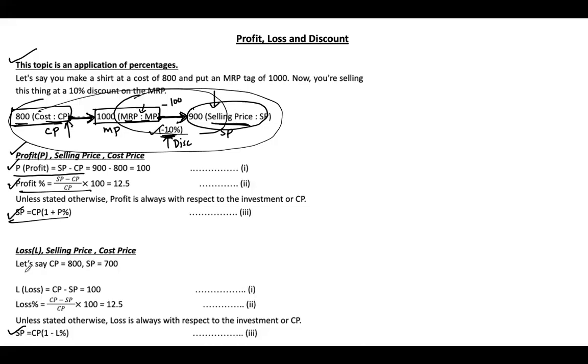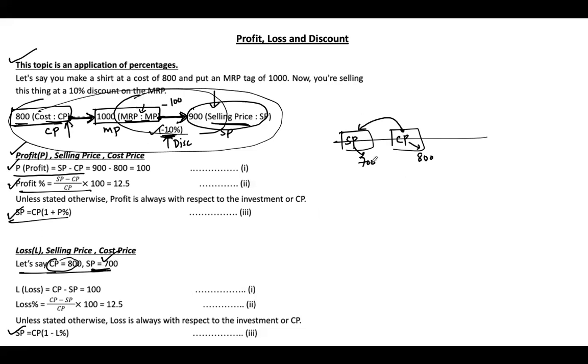Assume another scenario. Let's say cost price is 800. So assume that this is a number line. Just for your simplicity, cost price is 800. If I were to denote the selling price as 700, then I would denote selling price here, saying this is 700, and the arrow would be like this.